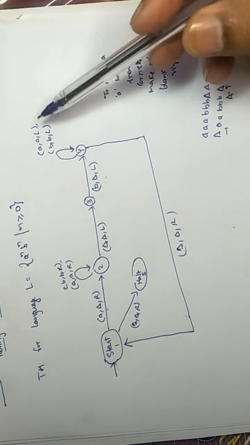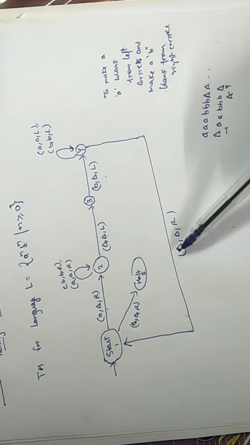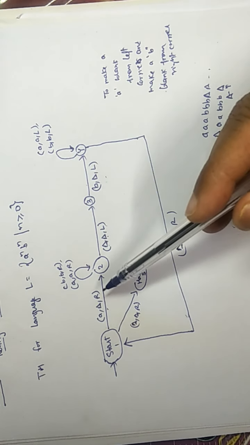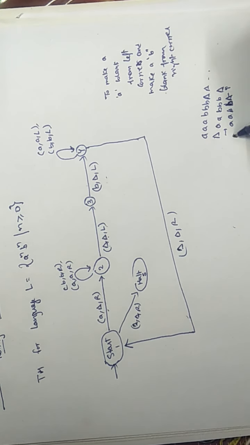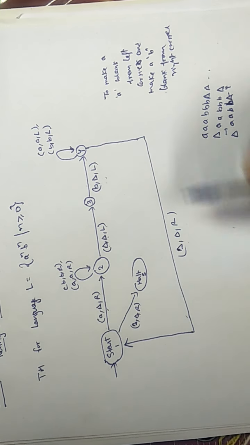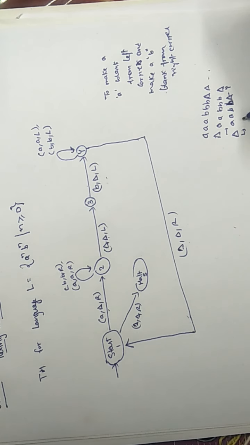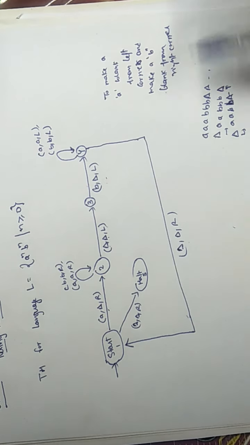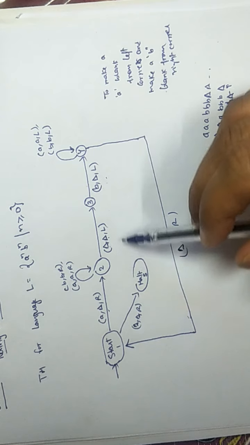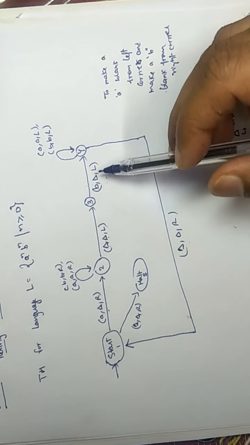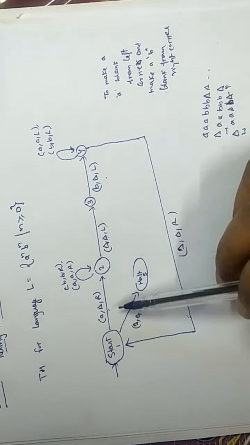Now we read B's and A's and move to the left till the blank we already made here. We move by reading B and leaving it unchanged, then B, then A, then we reach this blank symbol and we move to the right. Now on moving to the right we will get another A and we will convert this A, then we will get more A's and B's and reach the right corner, then we get a B on the right, A on the left.